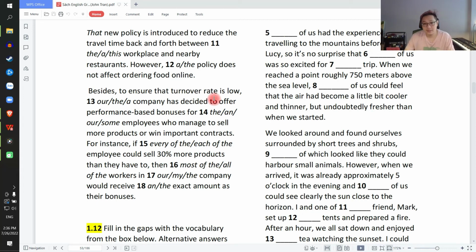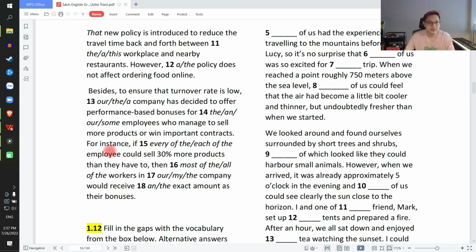To ensure that the turnover rate is low, để đảm bảo rằng cái tốc độ mà giữ chân nhân viên nó thấp á, thì công ty chúng ta hoặc là công ty này đã quyết định là offer những cái thưởng dựa vào thành tích, performance-based bonuses, cho một số nhân viên, hoặc là cho những nhân viên mà có thể cố gắng bán được nhiều sản phẩm hơn, hoặc là thắng được những cái hợp đồng quan trọng.